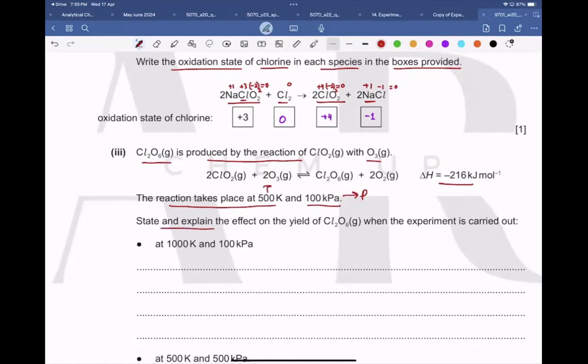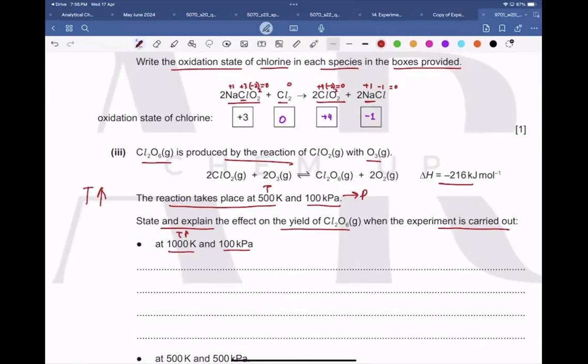State and explain the effect on the yield of Cl2O6 when the experiment is carried out at 1000 Kelvin and 100 kilopascal. So what we are doing, we are increasing the temperature. See, it's a reversible reaction. And if it's a reversible reaction, there is a rule: if you increase the temperature, where does the equilibrium shift, which reaction is favored?